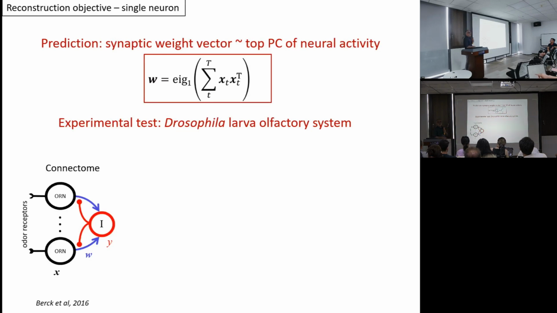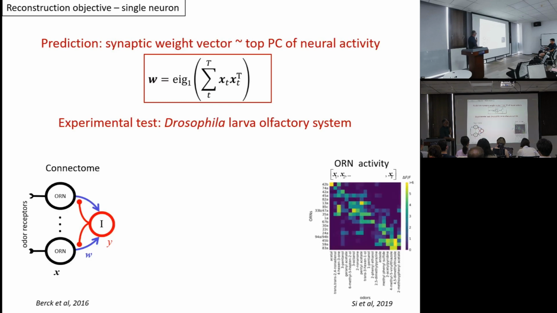There is a full connectome. One feature of it that we'll pay attention to is this inhibitory interneuron, and it provides feedback inhibition. And also from connectomics, we know the synaptic weight vector of the connections from those 20 neurons to this interneuron. So there's a 20-dimensional vector of synaptic weights.